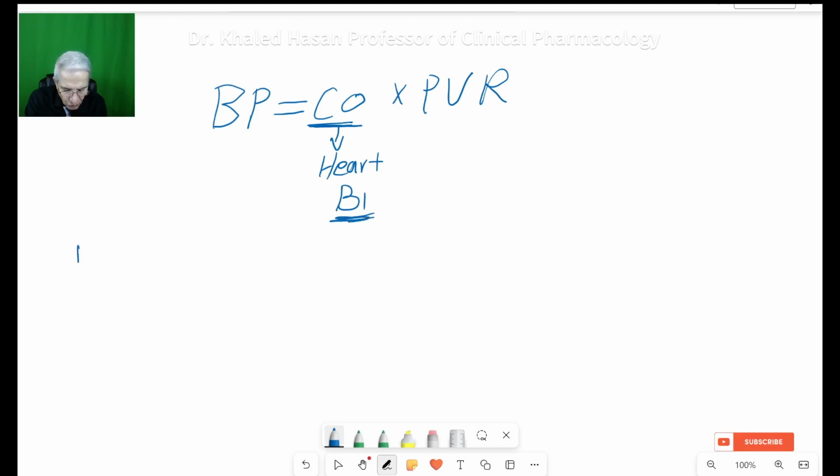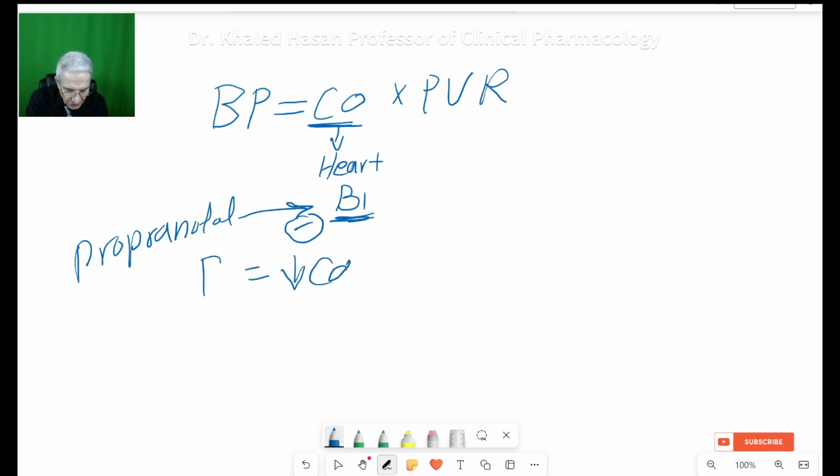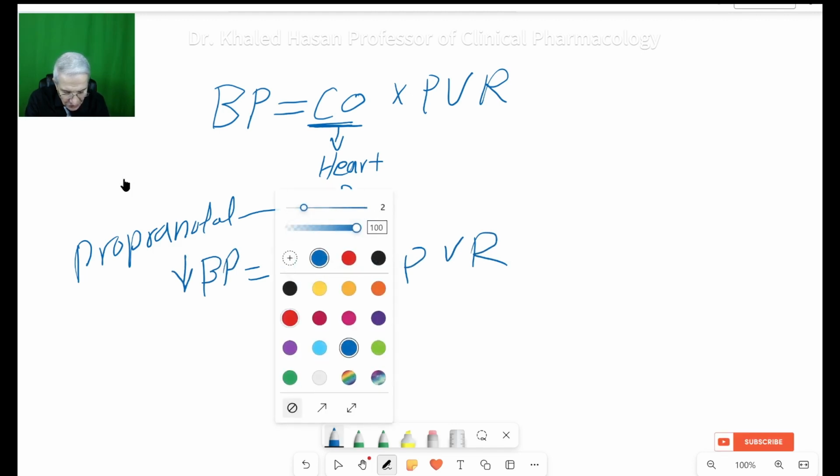Propranolol blocks the beta 1 receptor, so the result will be decreased cardiac output. This will lead to a decrease in blood pressure.